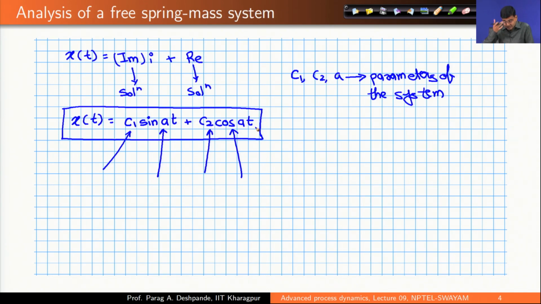Now, if this is the functional form, how would the system behave? Let us look into that.